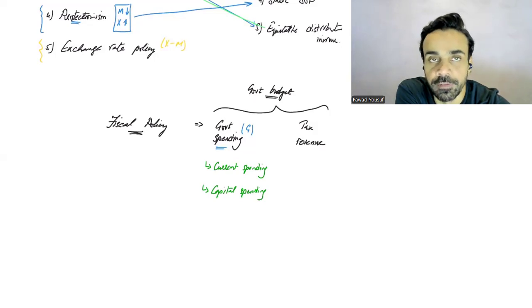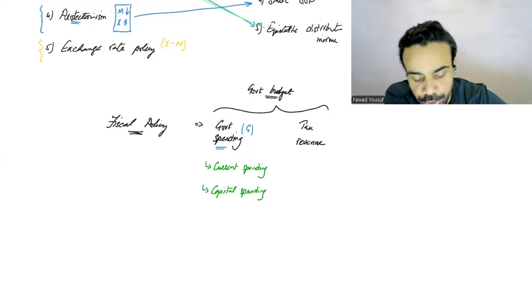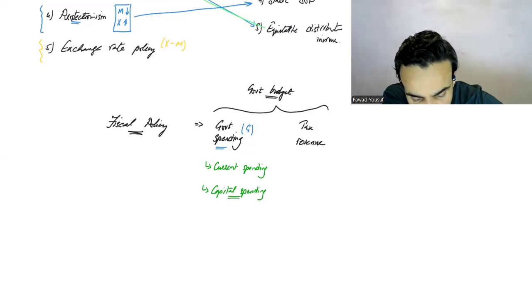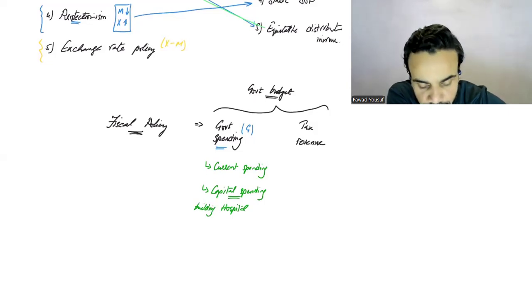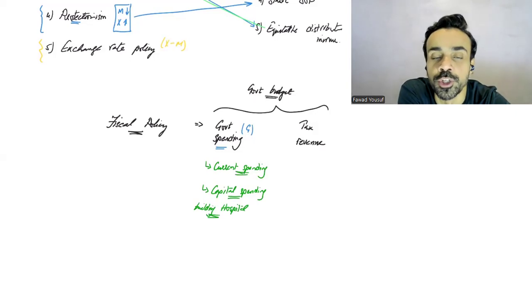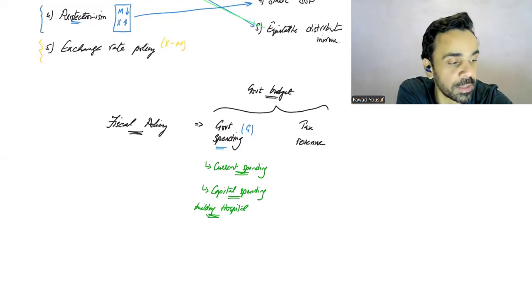Capital is infrastructure related. So capital spending would be building a hospital, and current spending would be the operational cost to run that hospital. Right, similarly you can do education, similarly you can talk about infrastructure.